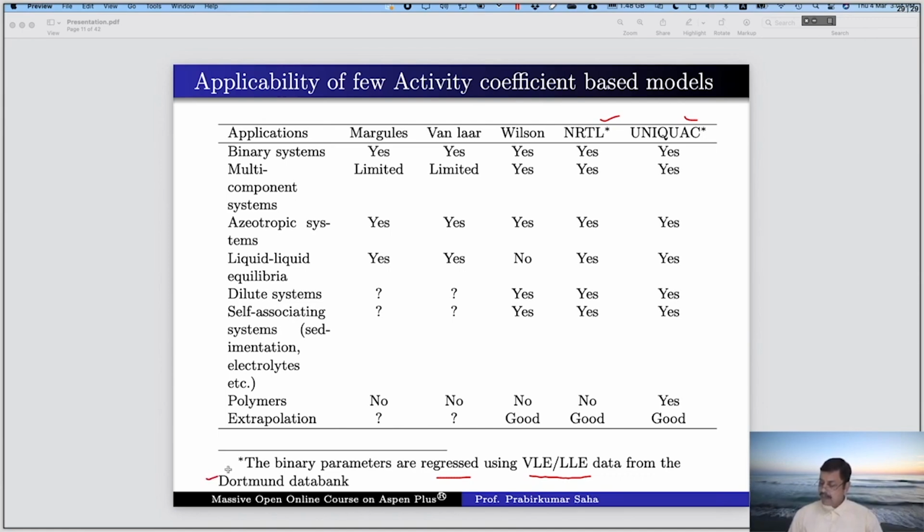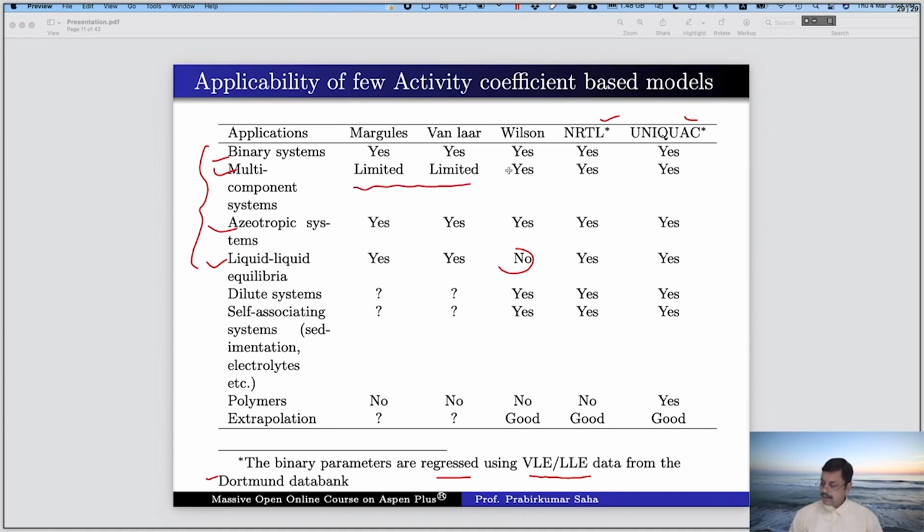We see that for binary systems, multi-component systems, azeotropic systems, and liquid-liquid equilibrium, almost all the activity coefficient based models work, except that the Wilson model doesn't work for liquid-liquid equilibria, and the Margules and Van Laar models have limited applicability for multi-component systems.